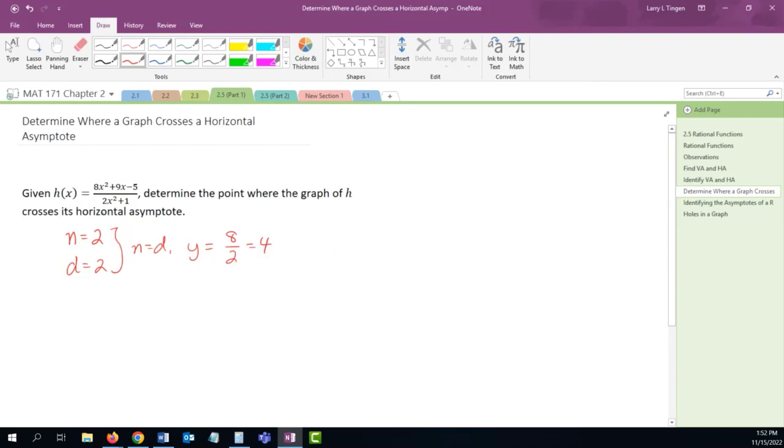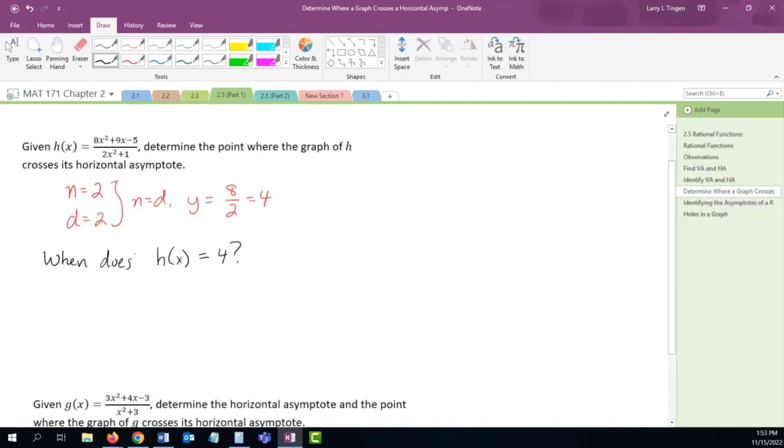So what I want to know is, when does h of x equal 4? That's what this is asking. Well, h of x is the rational function 8x squared plus 9x minus 5 divided by 2x squared plus 1 equals 4. And then I solve that.